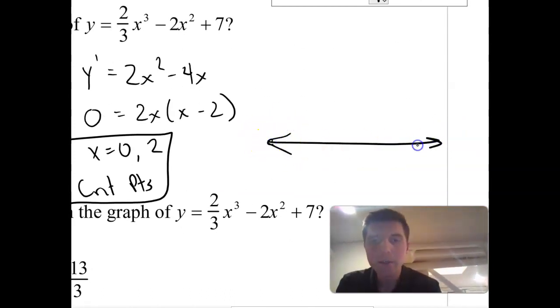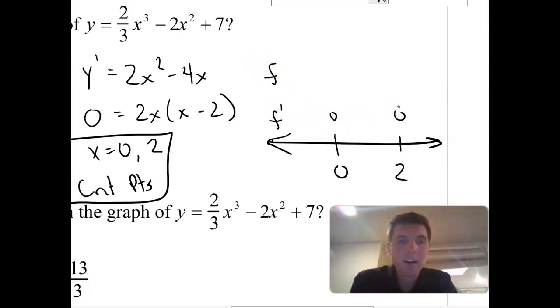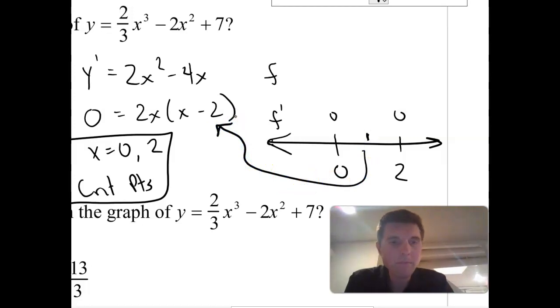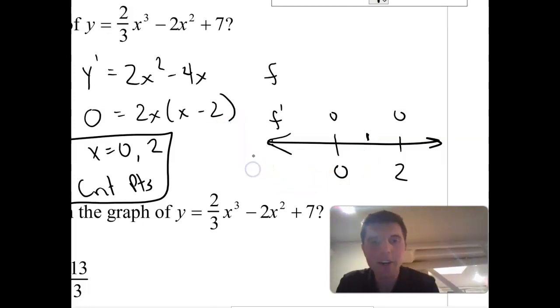So here's my sign chart from 0 to 2, f prime and f, and I know the derivative is 0 there and there. And now I'm going to plug in numbers in between each of those. So plug in 1 to the factored form. I get positive times negative, so I know my derivative is negative here.